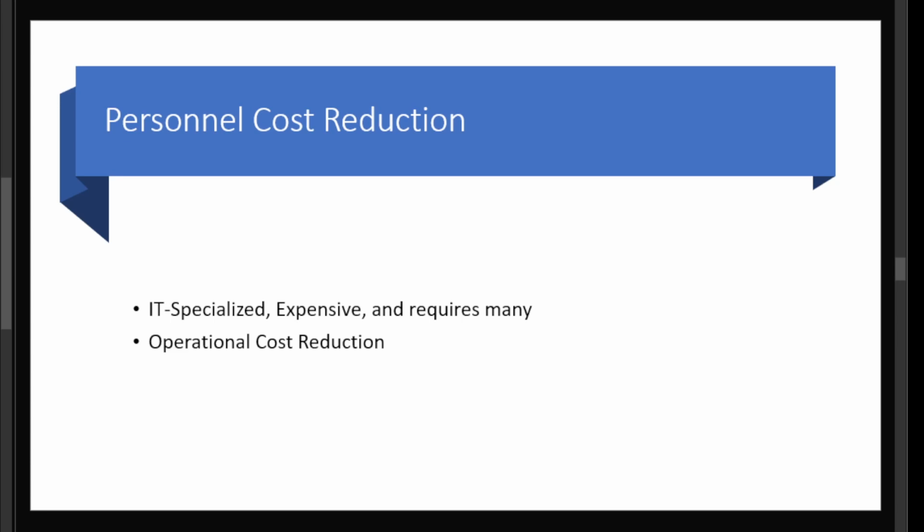They're just there to manage your IT. As far as operational cost reduction, operational costs consist of rent, power, all of these things that we've discussed before. There is a reduction there in most cases, depending on how many things you pack onto the service. It can start to add up pretty quickly.